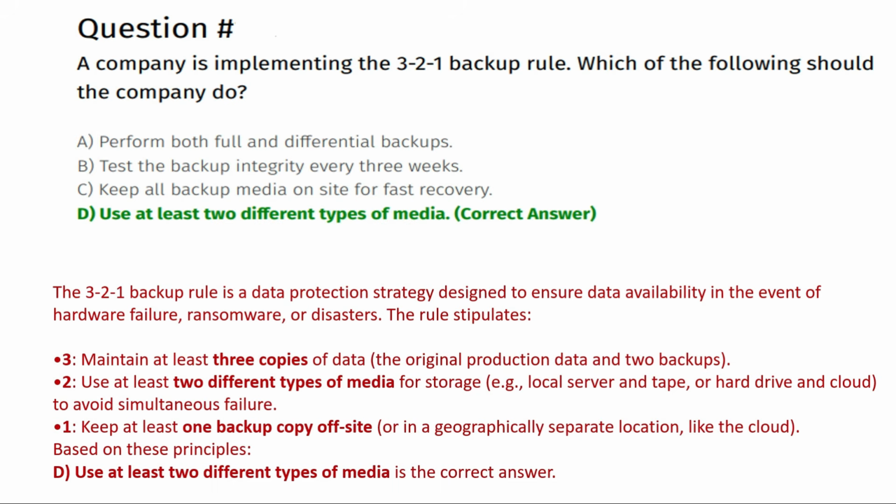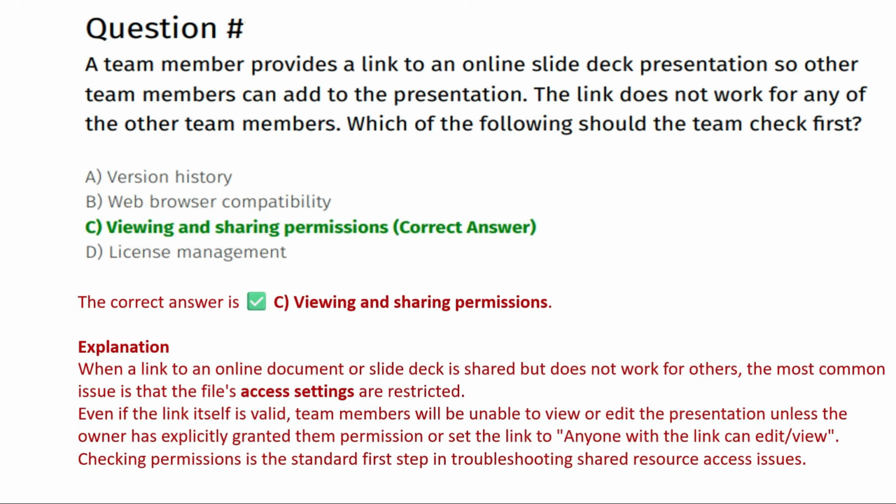The rule stipulates: 3 means maintain at least 3 copies of data, the original production data and 2 backups. 2 means use at least 2 different types of media for storage, for example local server and tape, or hard drive and cloud, to avoid simultaneous failure. 1 means keep at least 1 backup copy off-site or in a geographically separate location like the cloud. Based on these principles, that's why the correct answer for this question is option D, use at least 2 different types of media. So let's move to the next question.